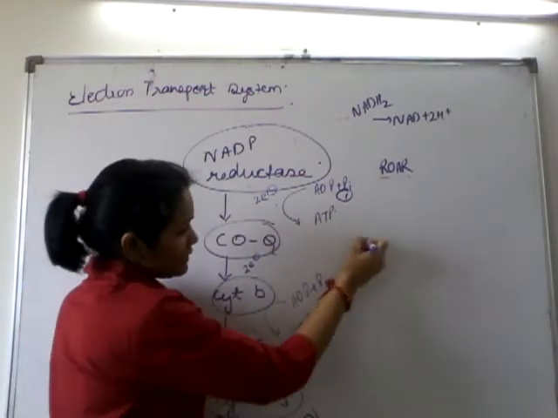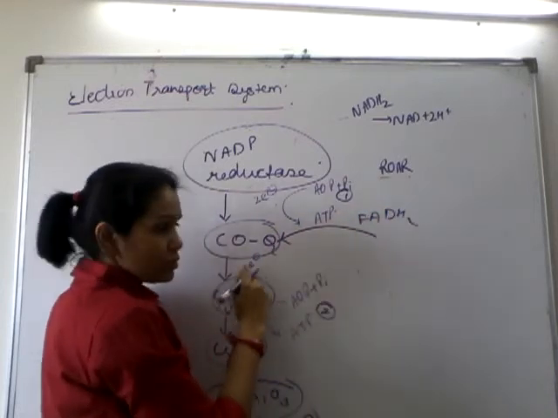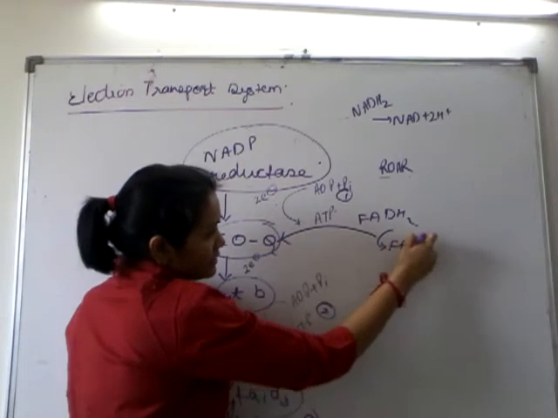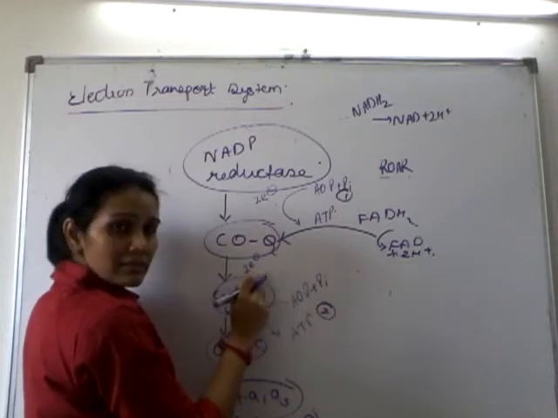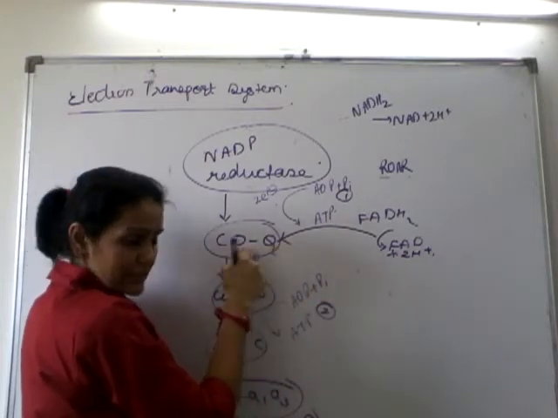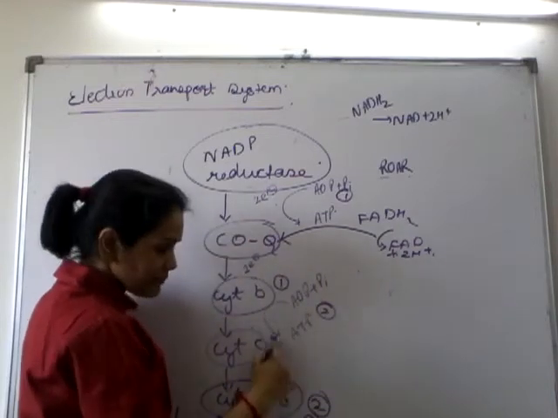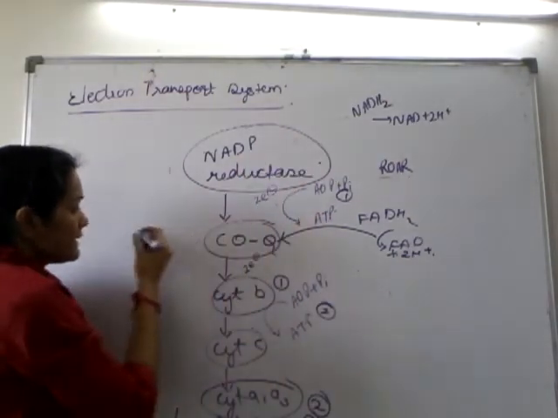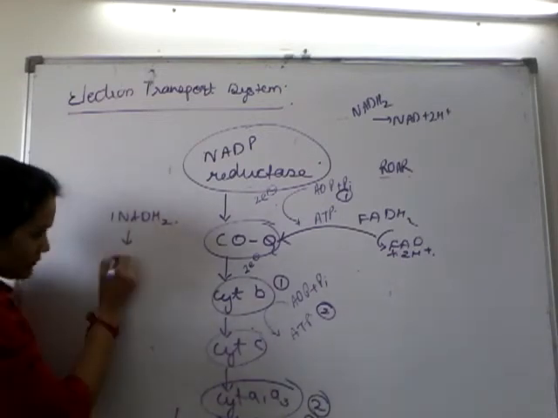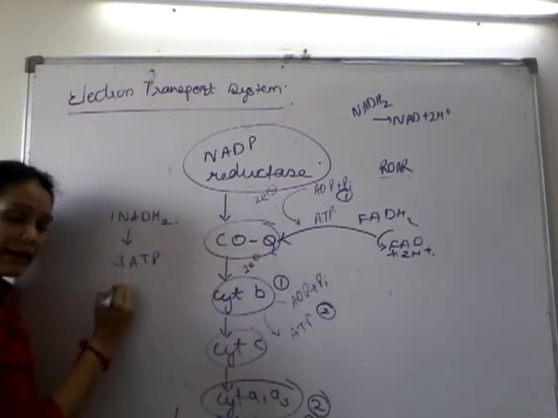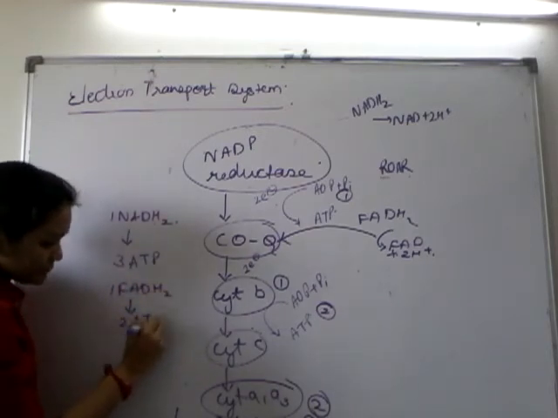FADH2 directly gives its electrons to coenzyme Q, converting into FAD plus 2 hydrogen, and here 2 molecules of ATP are produced. So the net is: from 1 molecule of NADH2 we get 3 ATP, and from 1 molecule of FADH2 we get 2 ATP.